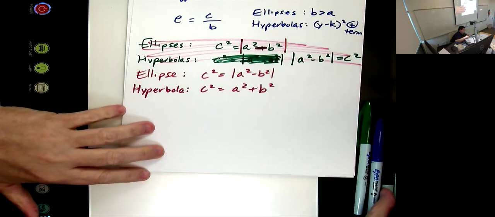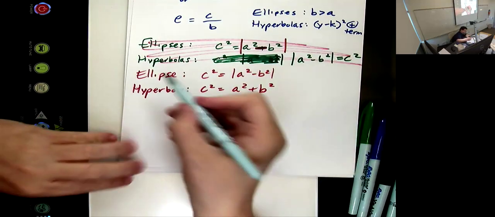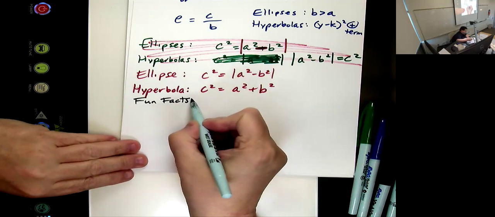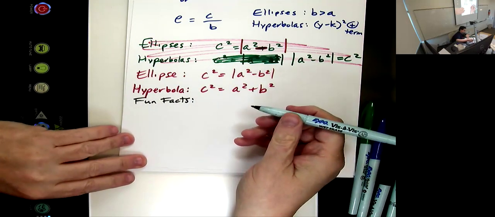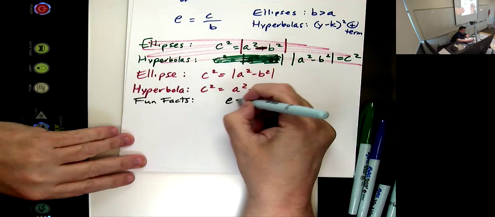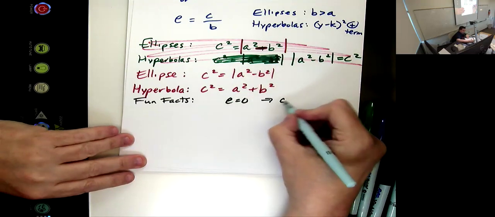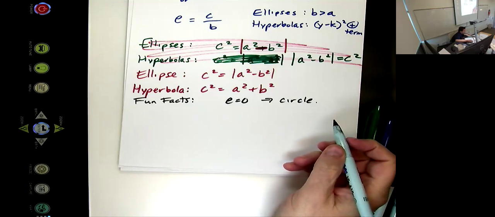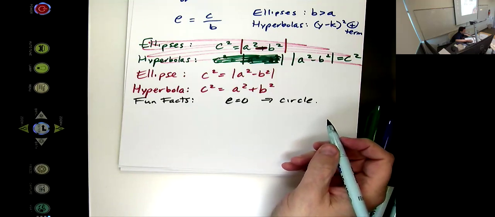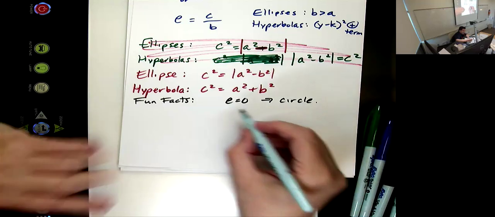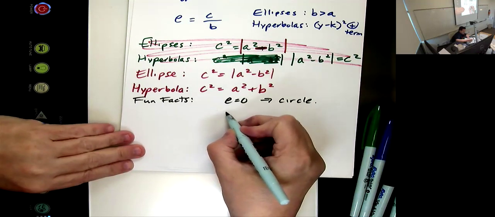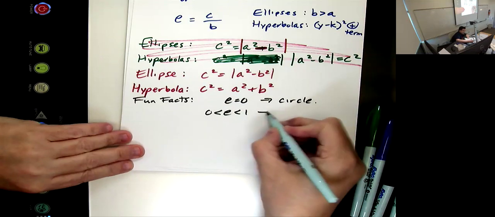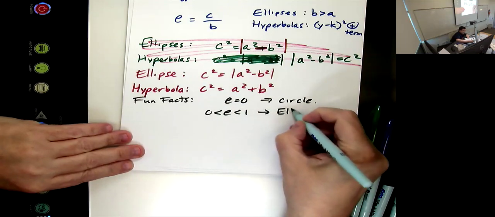Well, fun things about eccentricity. We'll do some calculations with all this in a second. When E equals 0, we have a circle. When E is between 0 and 1, we have an ellipse.